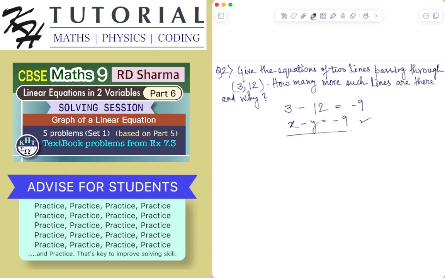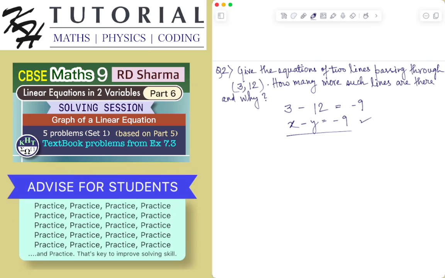So any root of a linear equation, if considered as an ordered pair, will be the coordinate of a point that will lie on the graph of that equation. So x minus y equals minus 9 is a possible equation whose graph will pass through the point (3, 12). How can I form another equation?